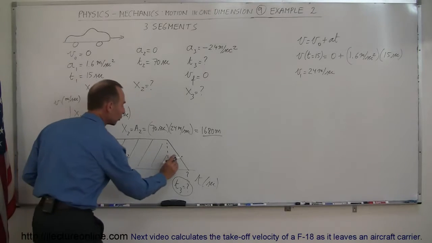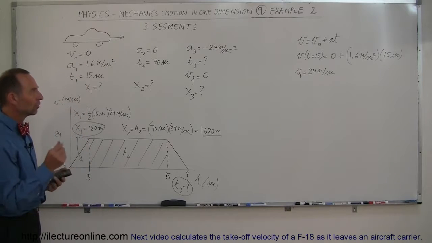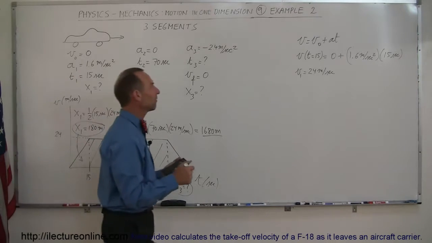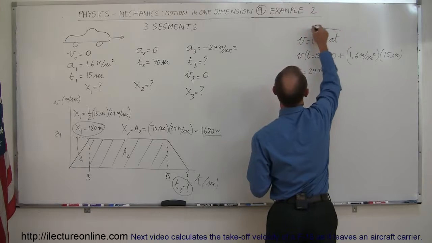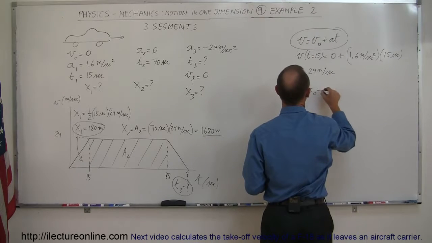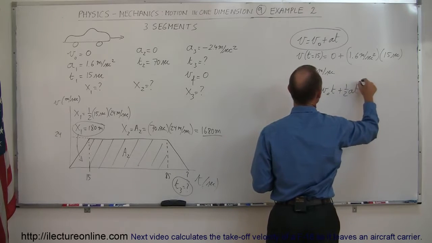Now we're at the third segment. It's slowing down, so we need to know both the time and the distance. What other equations do we have at our disposal? We have x equals x sub naught plus v sub naught t plus 1/2 a t squared.